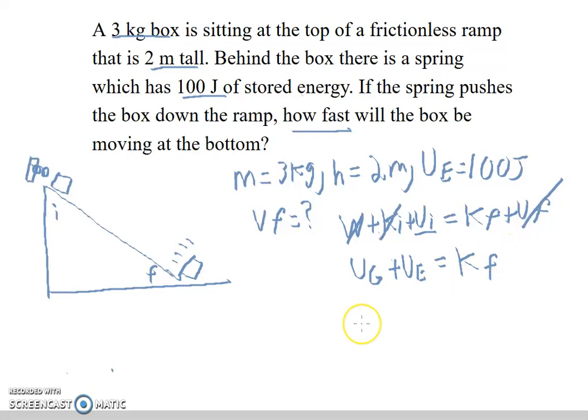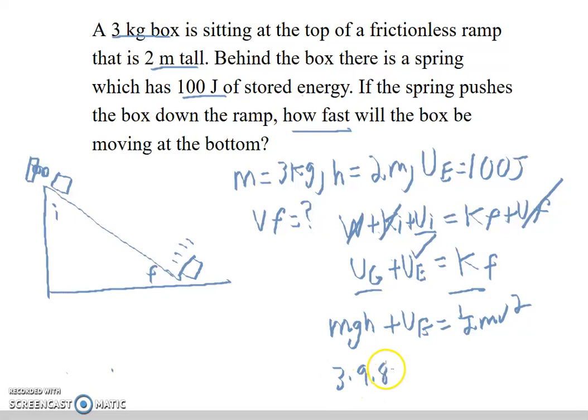So the last thing is we know UG and UE, and we don't know these directly, but we know an equation for them from the previous section. So we know UG is mgh, plus UE, is equal to 1/2 mv squared. So we're just plugging in: we know the mass, we know g, we know h, plus UE, which is 100, and we get 1/2 the mass times v squared.